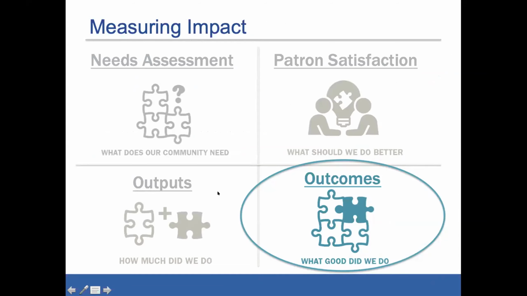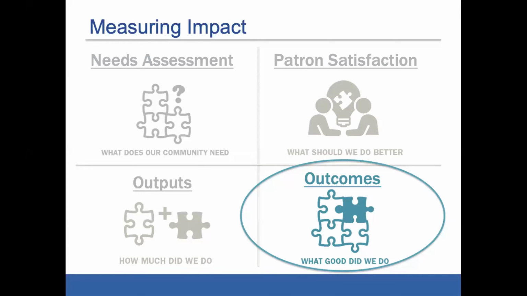So we know that there are many types of assessment and ways that you can measure your library's impact. Project Outcome is intended to help you measure learning outcomes, which doesn't mean you have to stop doing other kinds of assessment. They're complementary. Outcomes are one important piece of the assessment puzzle.